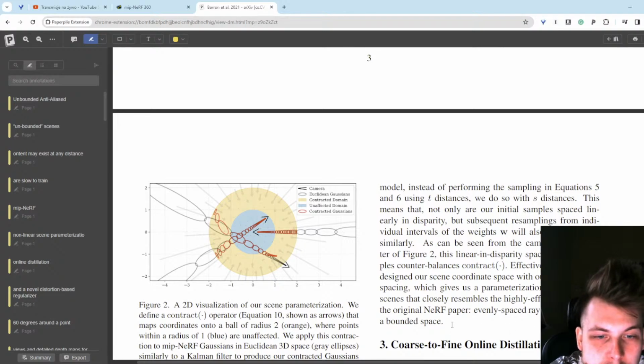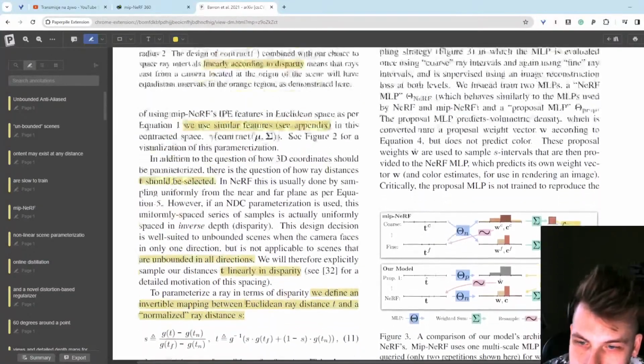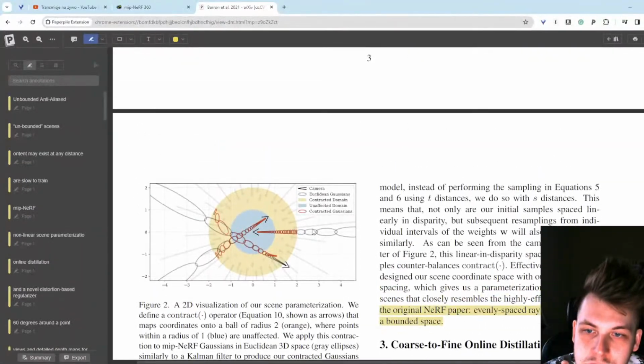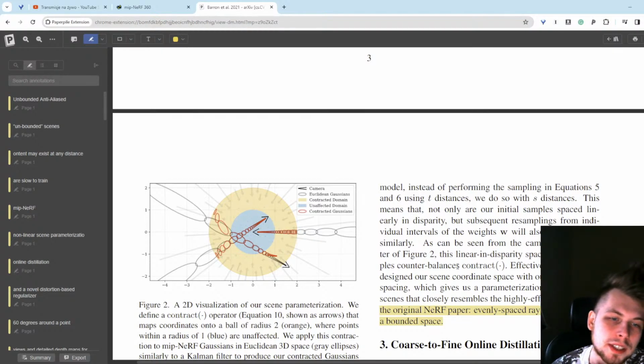So effectively, even though the actual things we are modeling can be unbounded, we contracted them into this ball, and because we have this respacing with s and we sample around this disparity, we're actually still sampling uniformly, but for the ball. So we had this Euclidean version, but it was unbounded. Now we close it into a ball, and it works again in this bounded ball.